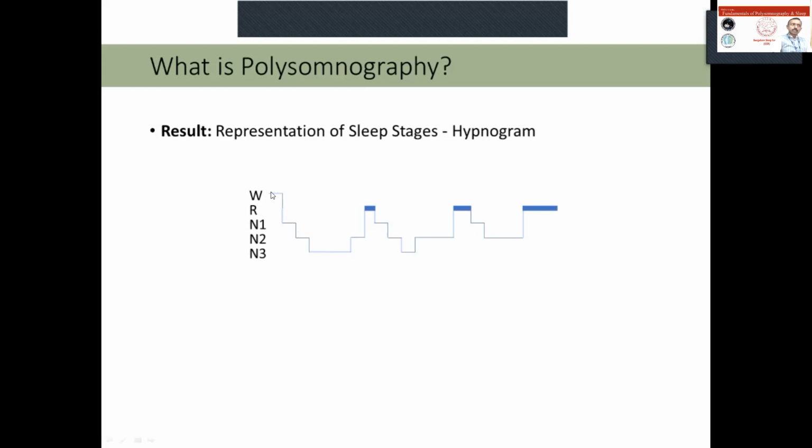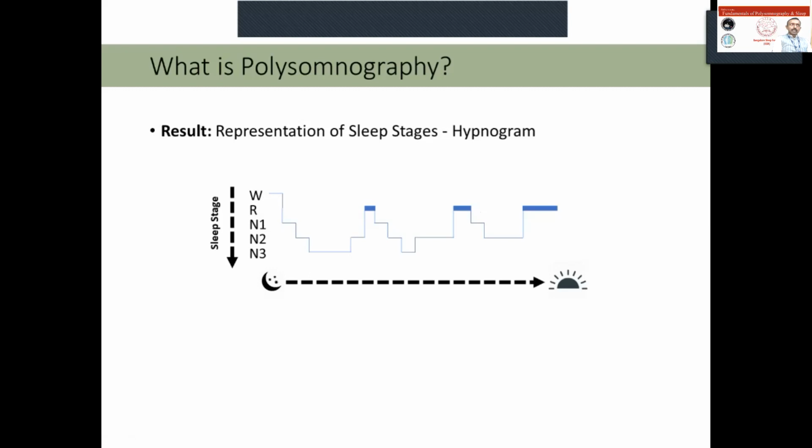A typical representation is wake at the top, paradoxical sleep or REM somewhere in between, and the NREM stages across depth, like NREM 1, 2, 3, from top to bottom. And in many graphs, REM, to highlight it differently from N1 or wake, will have a thicker bold line. But there are various representations possible with this graph.